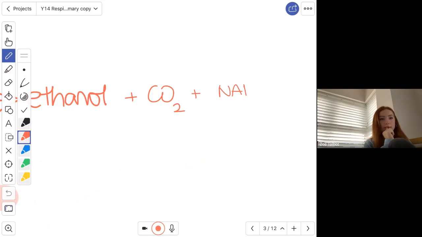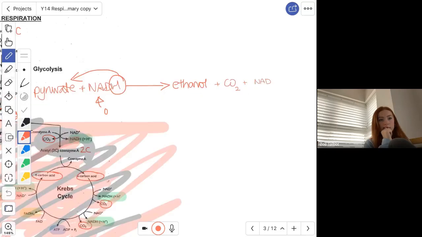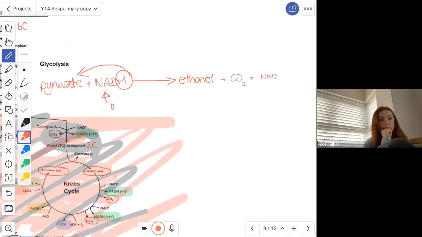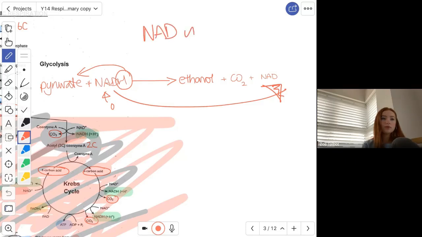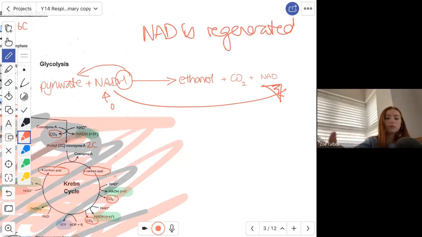Okay, so basically the NADH loses the hydrogen, and we say the NAD is regenerated. Okay, so that's one way of looking at it.